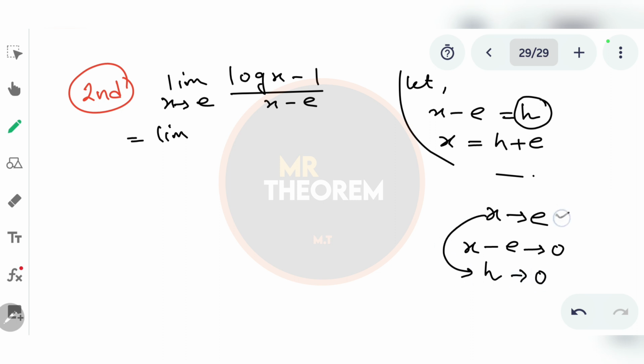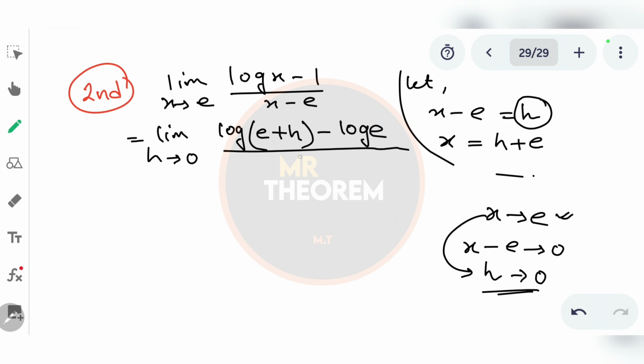So x tends to e implies that h tends to 0, so we put it here: limit h tends to 0, logarithm of x substituted with e plus h, minus 1 substituted with logarithm of e, divided by x minus e, that is h, since x minus e equals h.